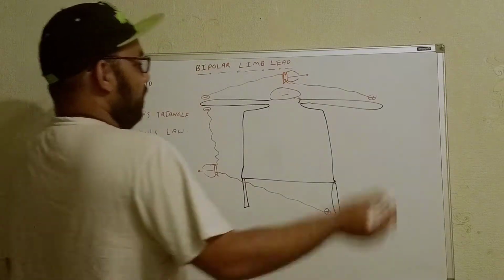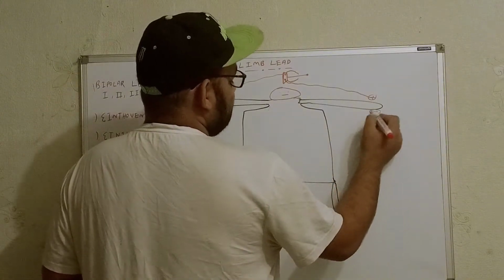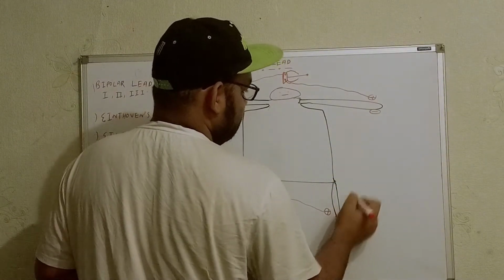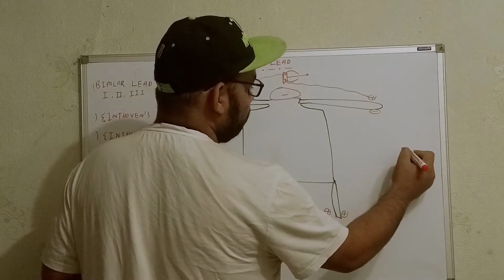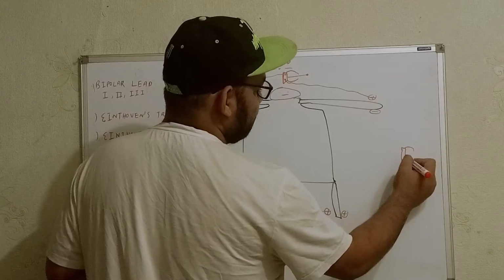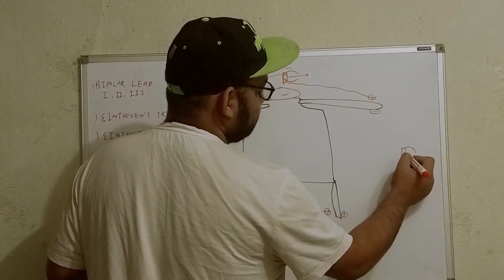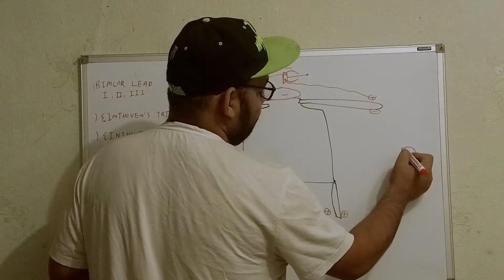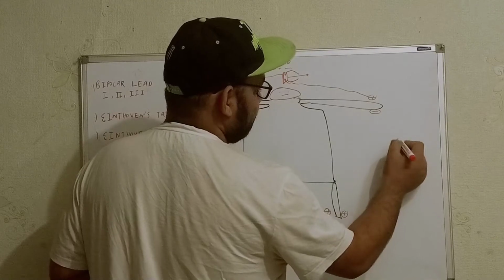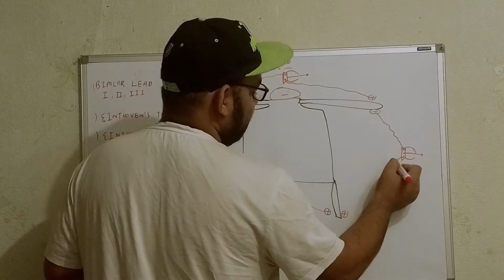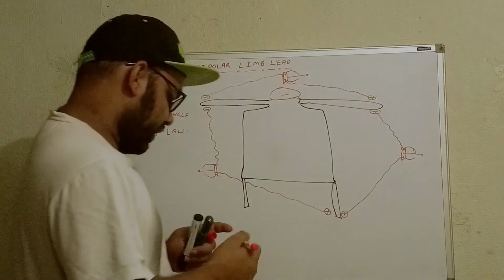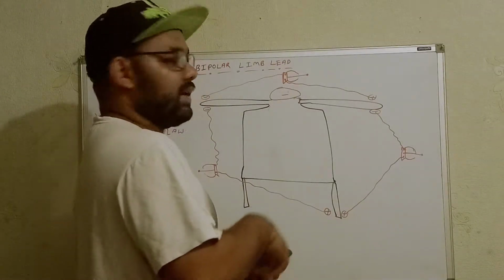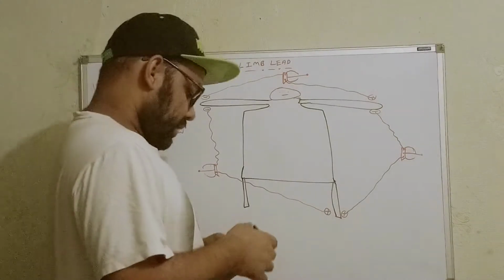In the same way, for the negative over here, we take the positive over here. I have to take the electrodes over here, two points, one connected with the negative, one with the positive. Just like this, we have the circuit of the leads.